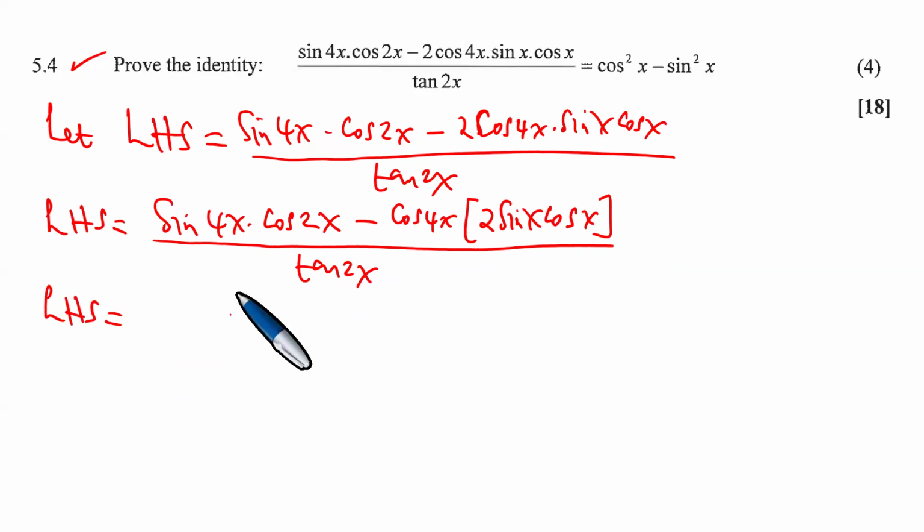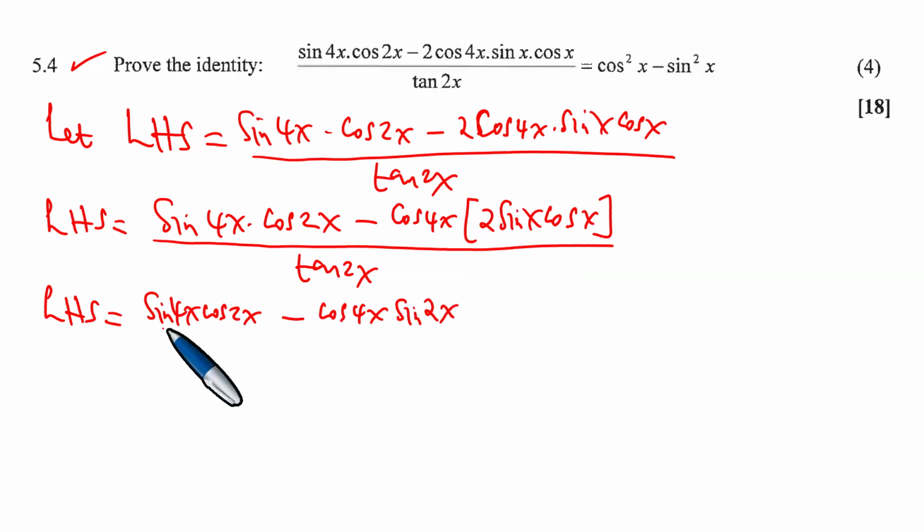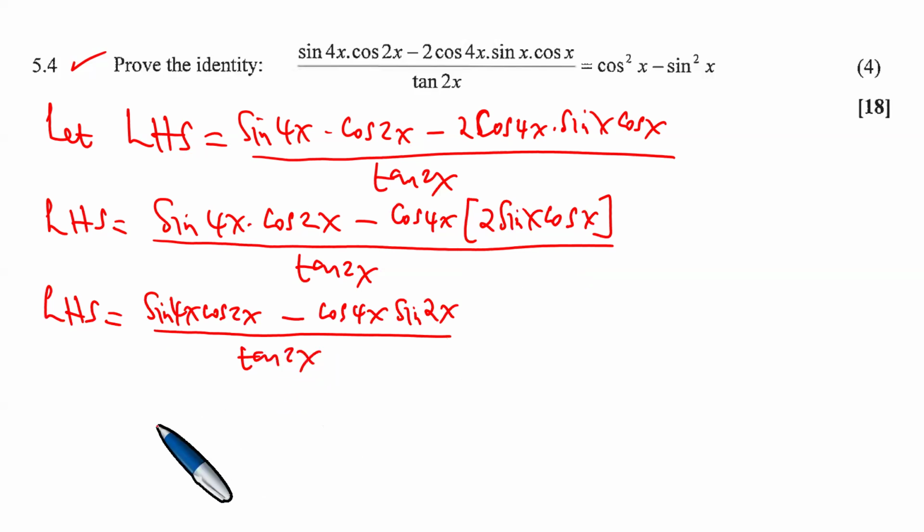The left-hand side is exactly sine 4x cosine 2x minus cosine 4x times 2 sine x cosine x. The 2 sine x cosine x is the same as the sine of 2x, all divided by the tangent of 2x.